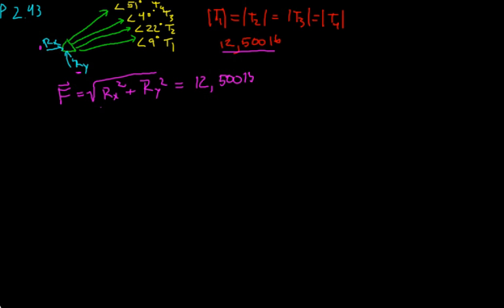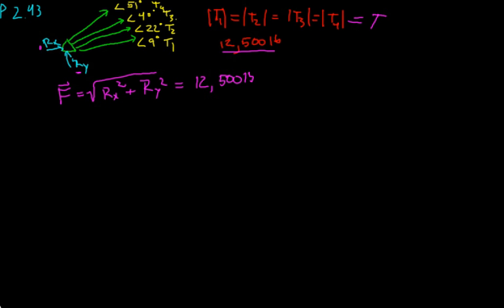Alright, this is our starting point. We know this, but we don't know what Rx is and we don't know what Ry is. So what we're going to do is solve for these two in terms of T, since these are all equal to the same thing, a common T.